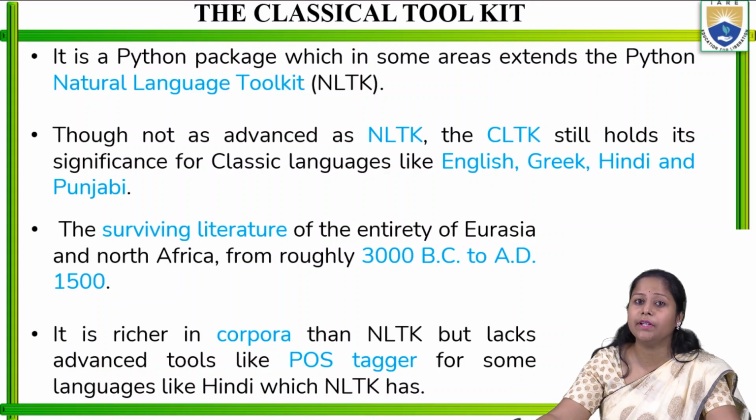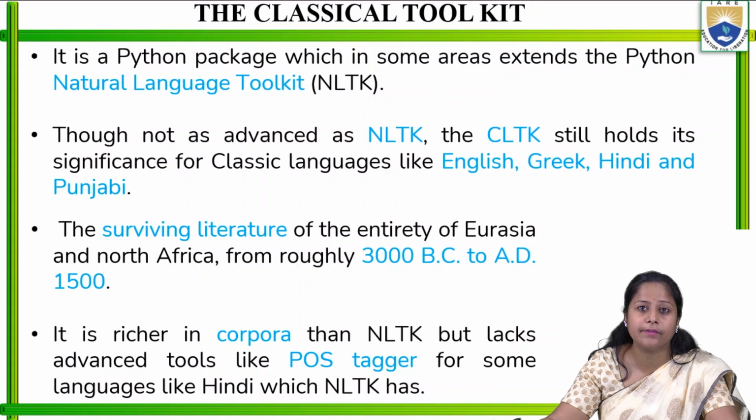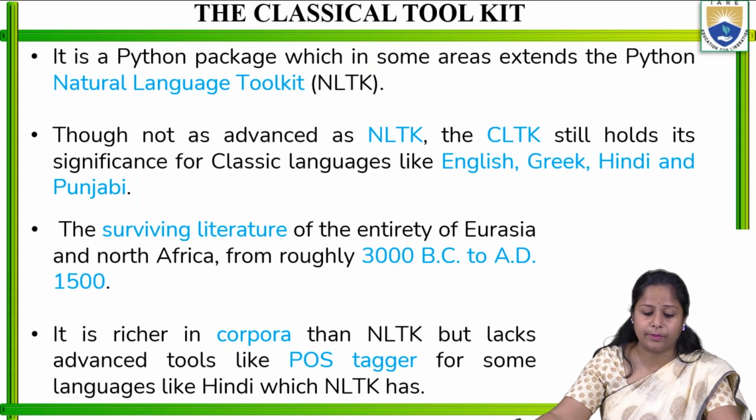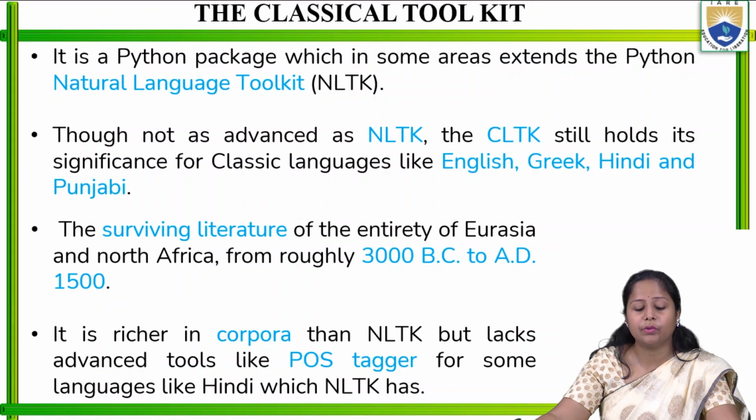Because it has been used for classical languages like English, Greek, Hindi and Punjabi, etc. It covers the surviving literature of Eurasia and North Africa from roughly 3000 BC to 1500 AD, and it is richer in corpora, supporting 50 plus corpora.